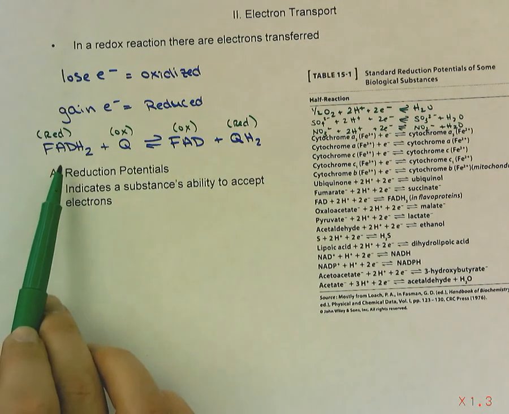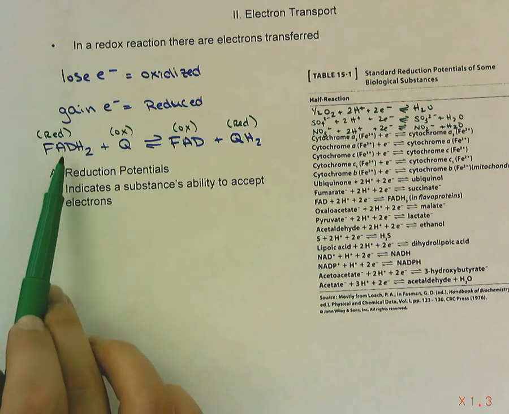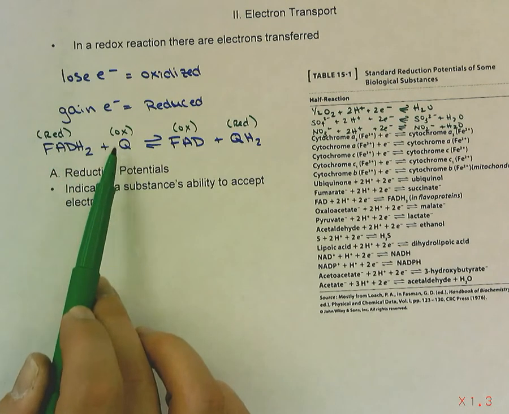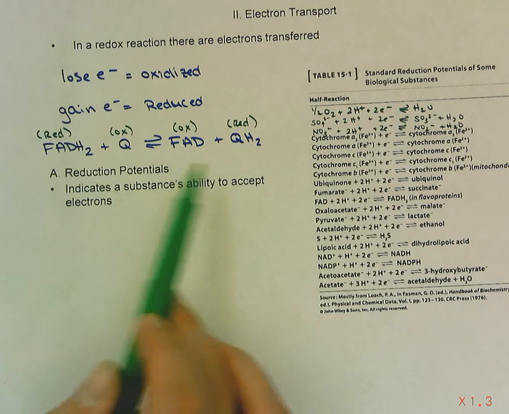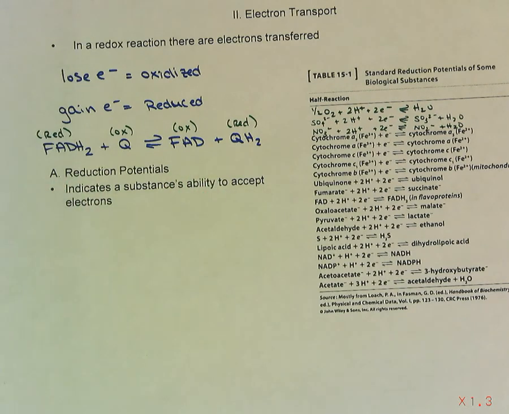FADH2 is the reduced form. And if I know those two facts, this is the reduced form, then this one has to be the oxidized form of Q. Because on both sides of the arrow, you have to have one of each. You have to have an oxidized and reduced on each side.